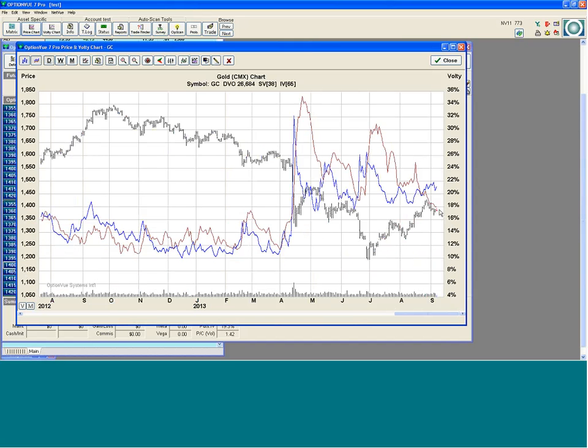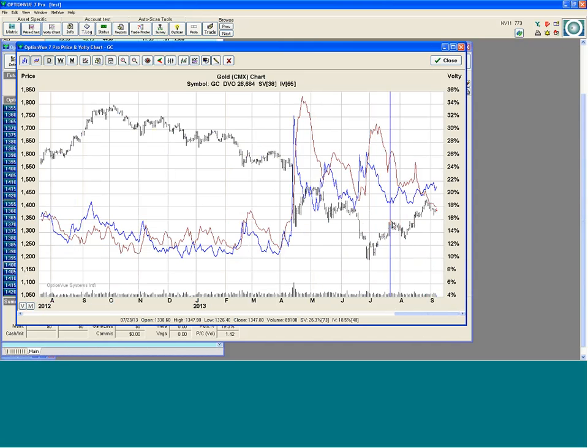Well, when I trade options spreads, most of the time I'm putting these spreads on with no more than a 1, 2, or 3 month trade horizon. I'm not working with long-term options. I'm working with options that are expiring in a relatively short period of time. And so this is telling me that when gold rallied, like it did here in June to the middle of June, we had a drop in implied volatility.